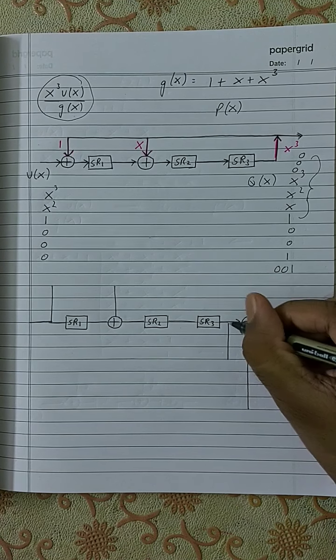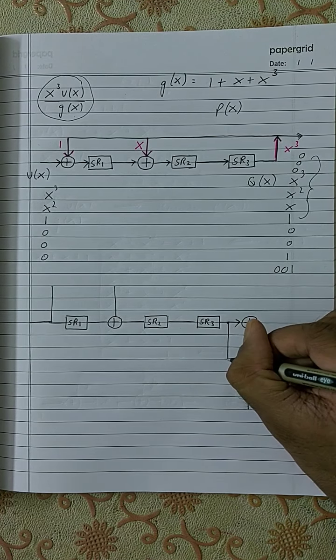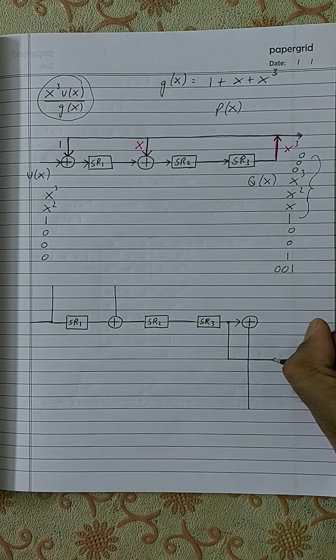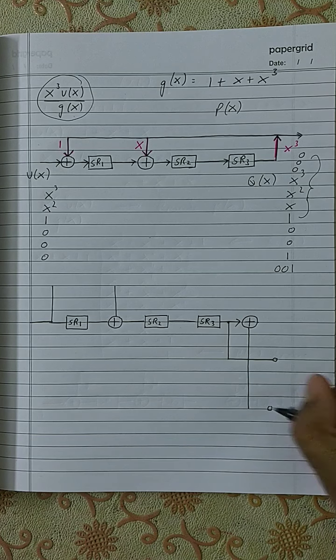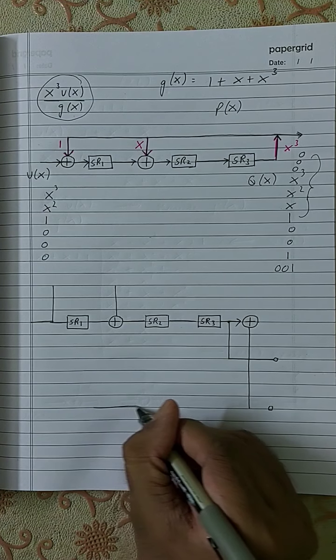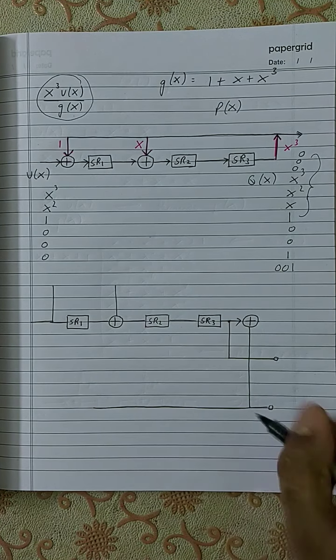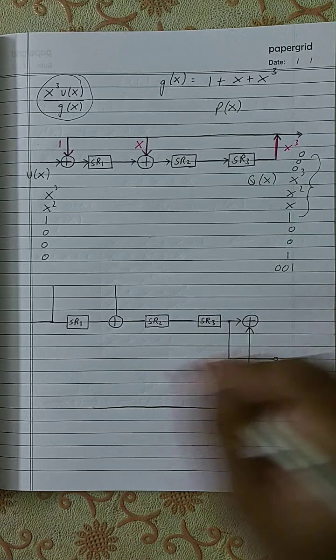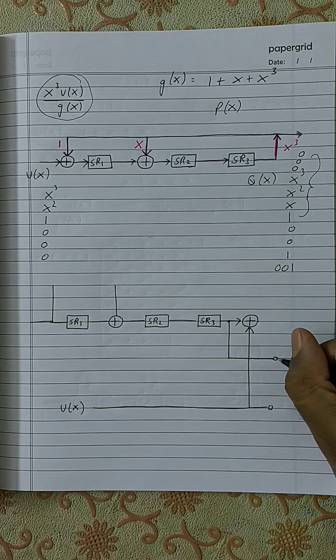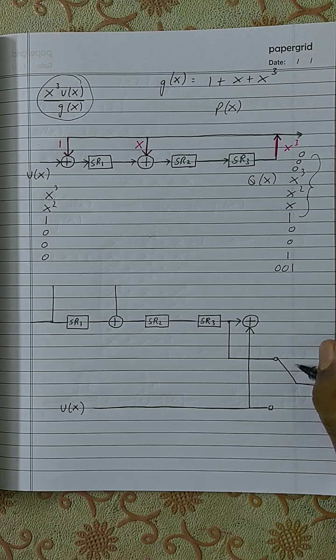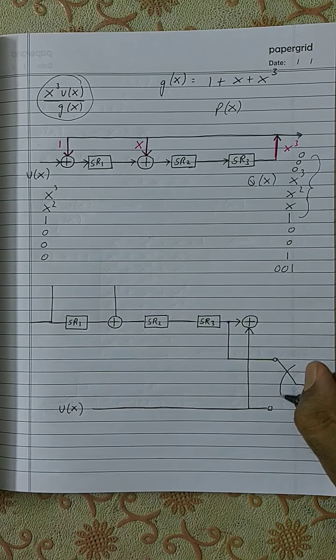This is where I will get my output. I'm going to draw a switch over here, and another switch position over here, and this is the actual circuit of your encoder.